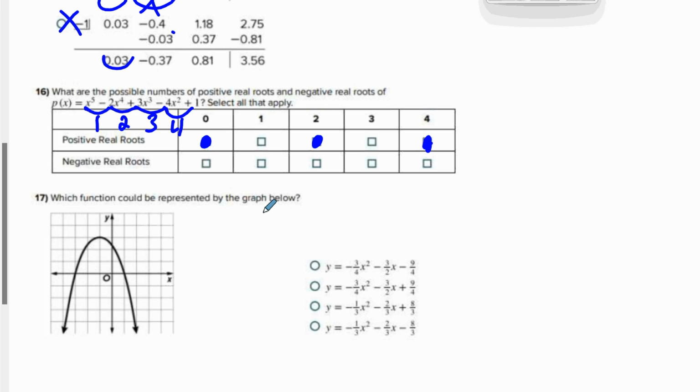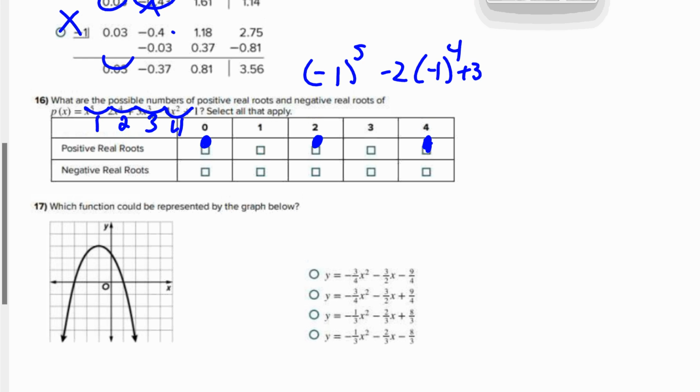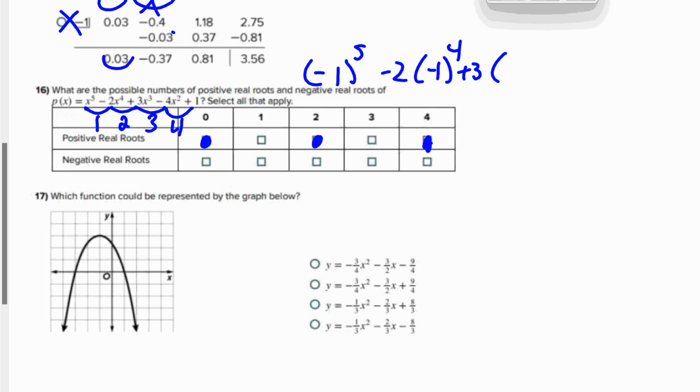Then to find the negative solutions, I multiply all my x's by -1. So 2, -1 to the 4th, plus 3, -1 cubed, -4 times -1 squared, and then plus 1 is the constant, right?